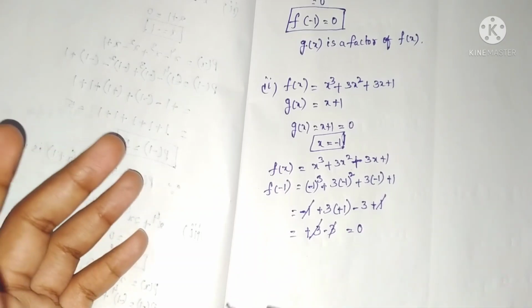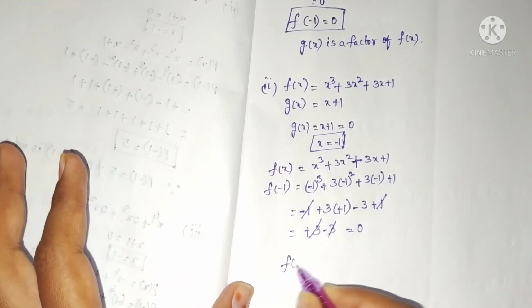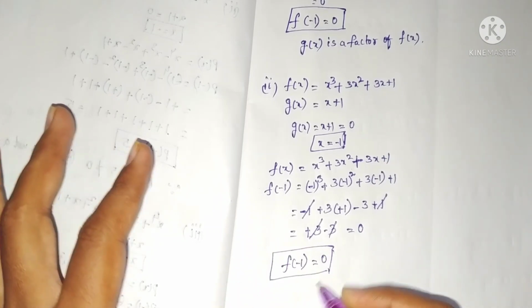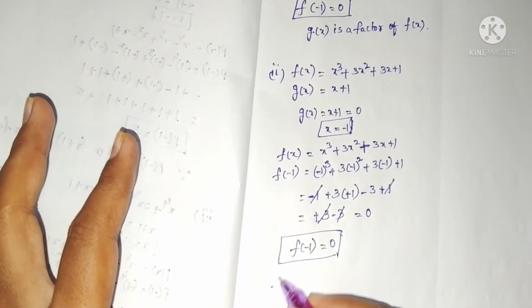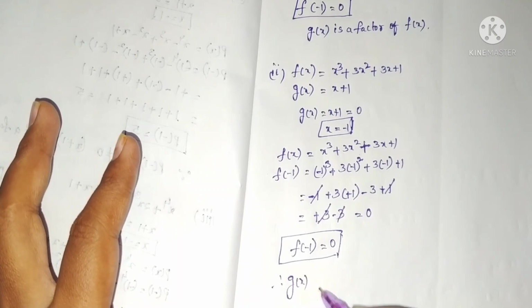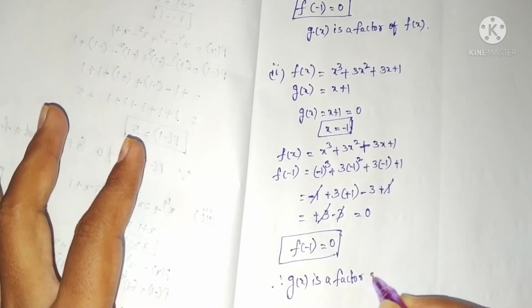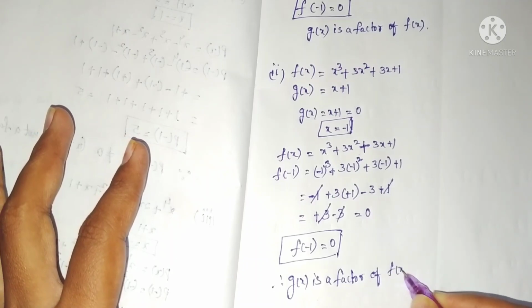So that's why we are cancelling. So here what is the value of f of minus 1? 0. The remainder is 0. So therefore g of x is a factor of f of x.